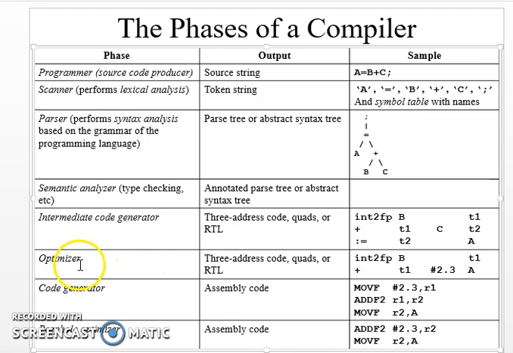Then the optimizer, an optional phase, optimizes the intermediate code by reducing the usage of temporary variables.